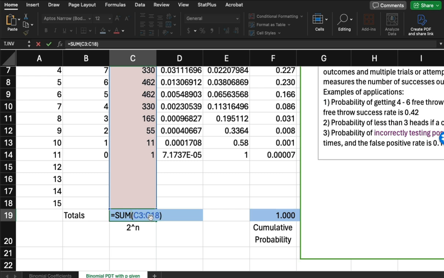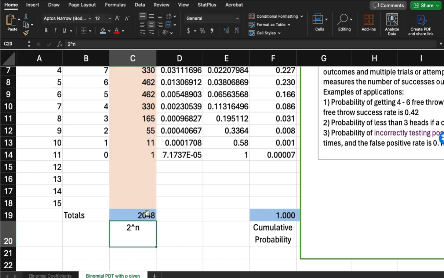It won't hurt to have it go all the way down to C18 because right now there's nothing in there, but in the future, you might want to have stuff in there. And that number just happens to equal 2 to the 11th power, and n is equal to 11. So 2 to the 11th power is 2048.